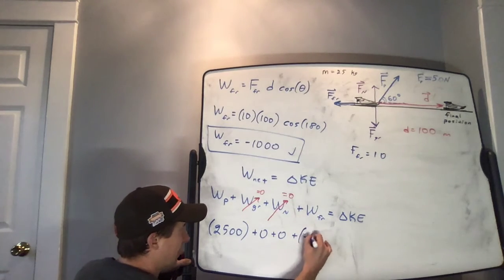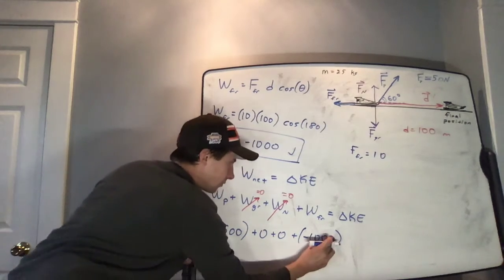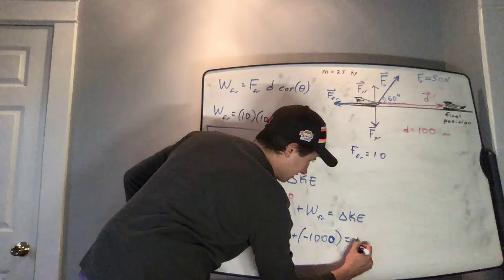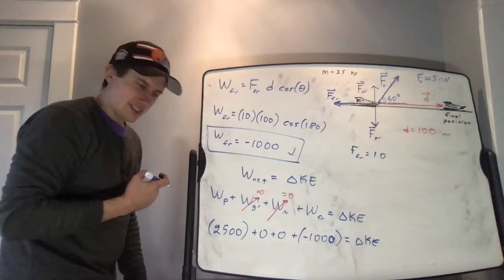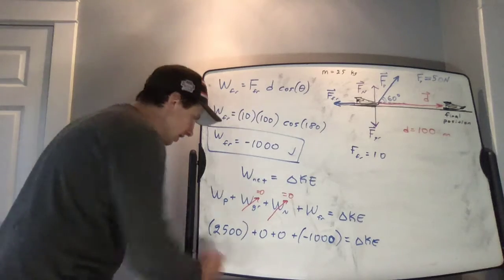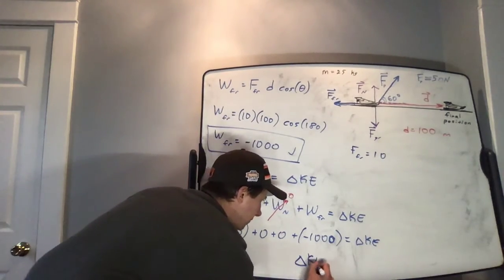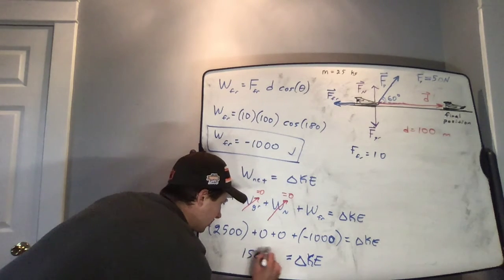So I have plus negative 1,000, and that is then equal to the change in the sled's kinetic energy. And I find that in this scenario where we account for friction, the total change in the sled's kinetic energy is going to be 1500 joules.